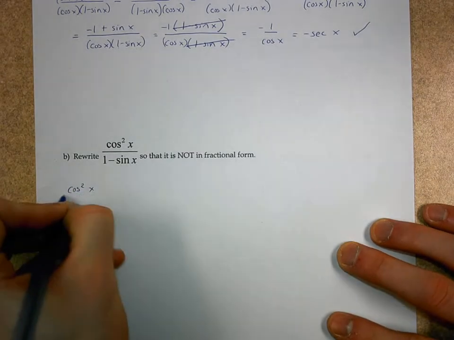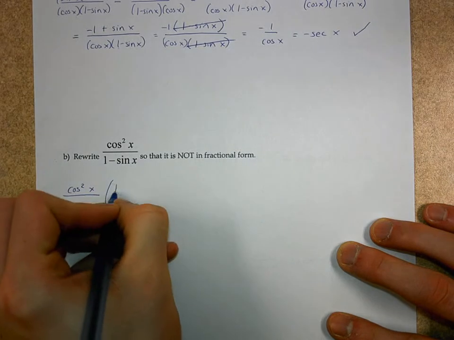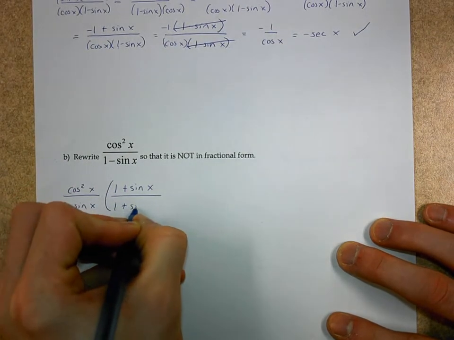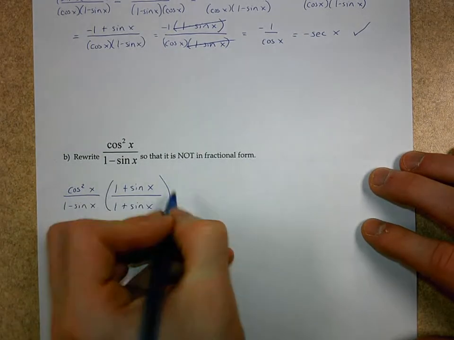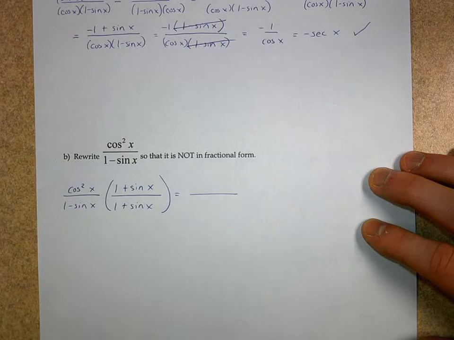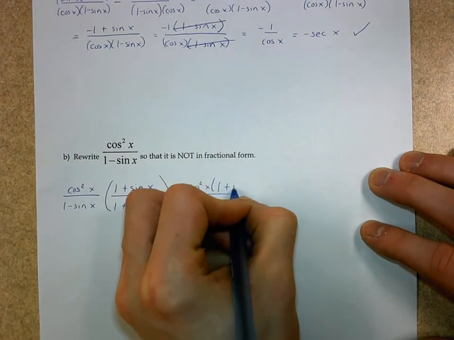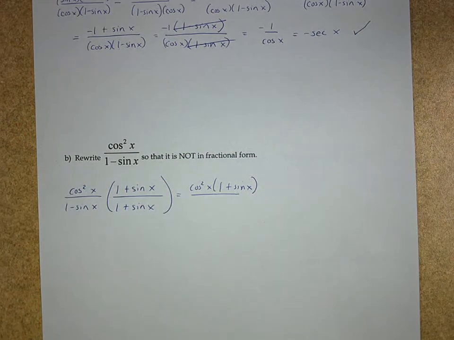Same thing is going to be true right here. This 1 minus sine of x, if I multiply by the conjugate, which is 1 plus the sine of x, my numerator is still going to remain cosine squared of x times 1 plus sine of x.